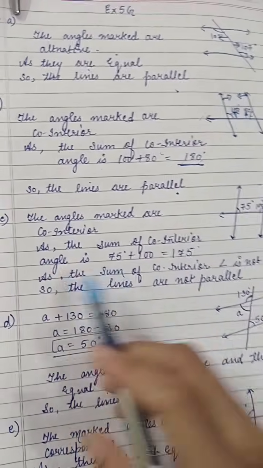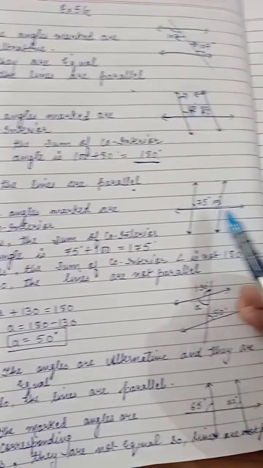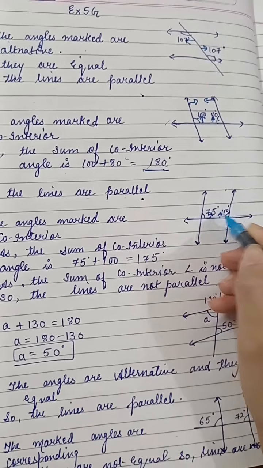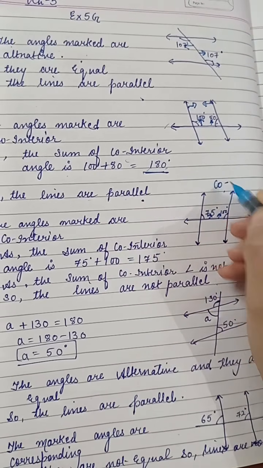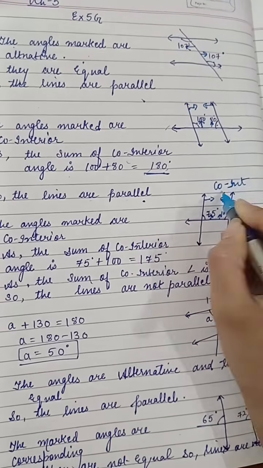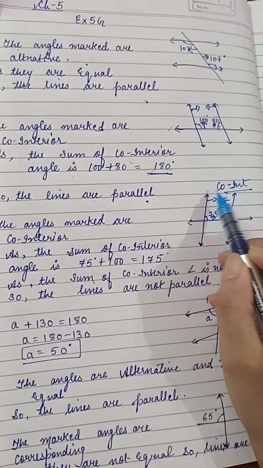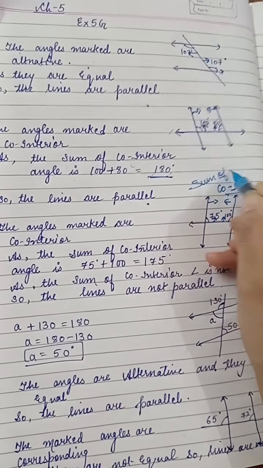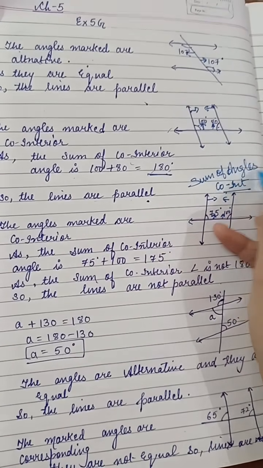Coming to the C part, check these two angles, they are on the same side of the transversal. If they are on the same side, they might be co-interior of these lines. Now in co-interior, we always have to check the sum of the angles marked.